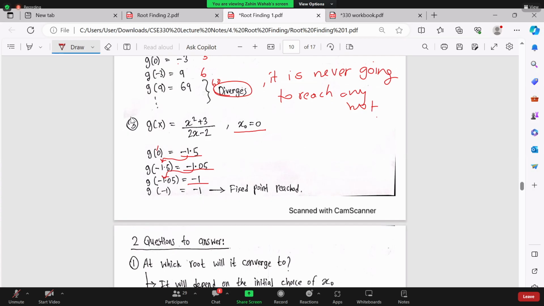You see the difference between the input and output is decreasing very fast. This is 0.45 and this is just 0.05. It's decreasing very fast. And then when you finally place minus 1 in g of x, you get minus 1. That means the value that you're placing in is equal to the value that you're getting. And we call it the fixed point reached, or the root. So our root is minus 1.